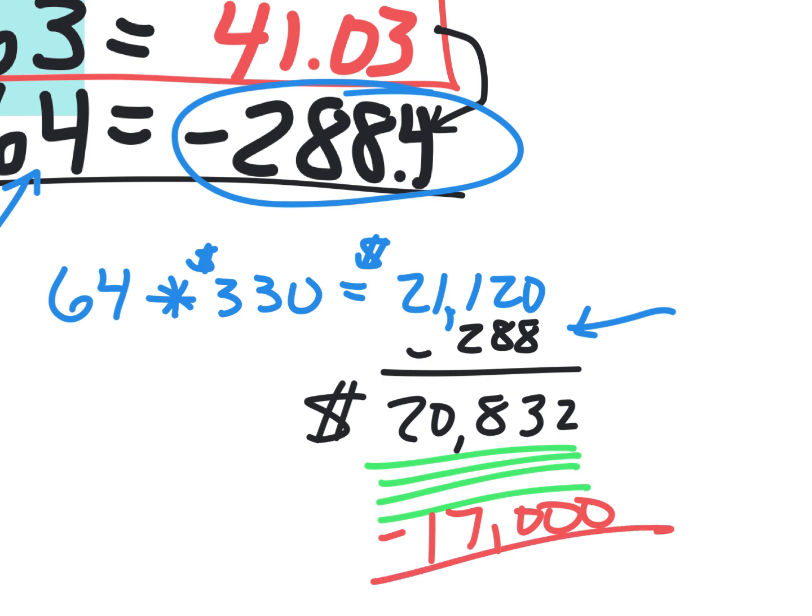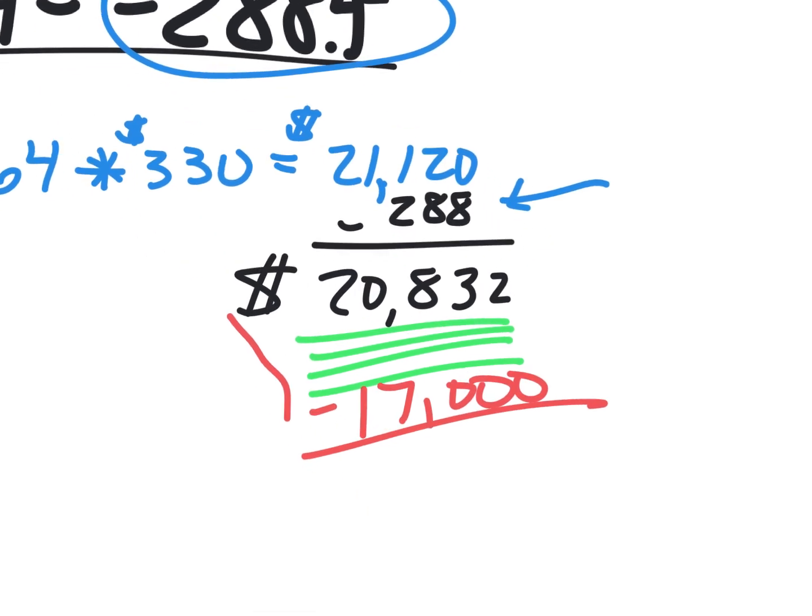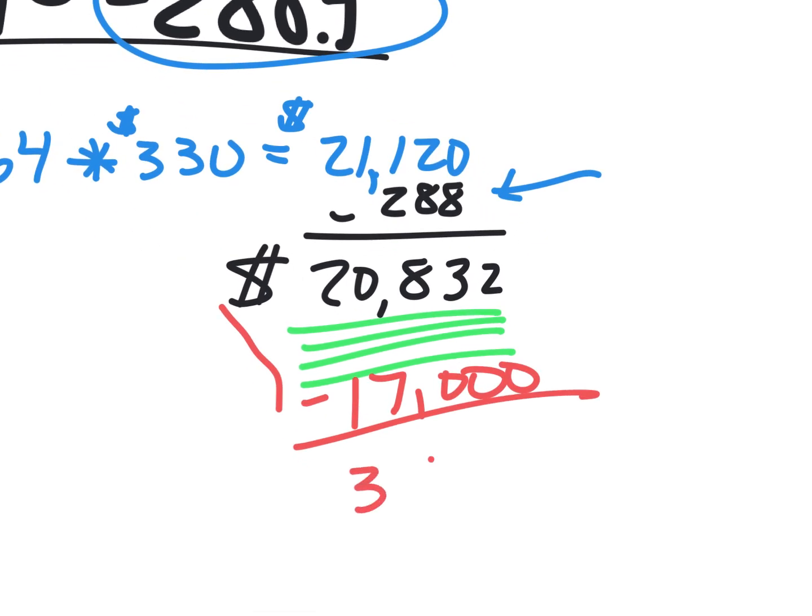Now don't worry, we're going to do this more than once, but you just have to think, why did I pay more than the 17? Oh yeah, it's interest, and you'll figure out you've got to subtract that off. 3832 of interest. Now, if you rounded to the penny, it would be different than my answer, but I rounded to the dollar.